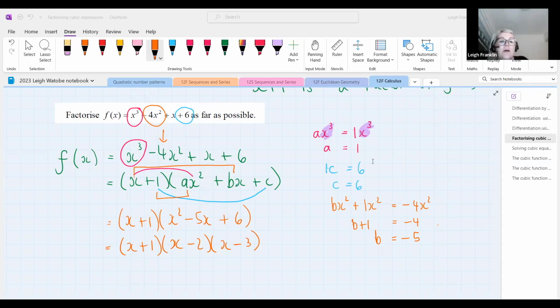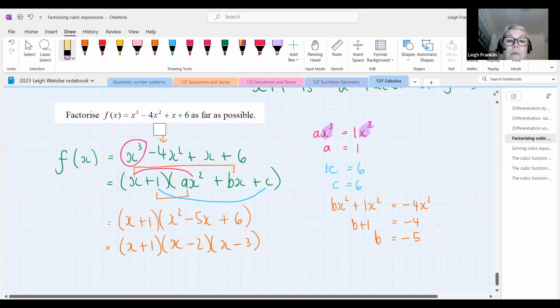Okay, so I'll show you this again, how to do it. What we want to do is factorize our expression as far as possible. So from the very beginning. I'm going to rub it out. Actually, I won't rub it out because that's just going to waste time.